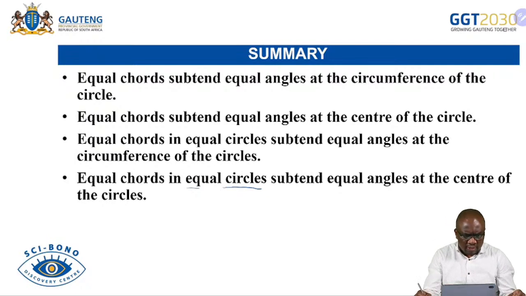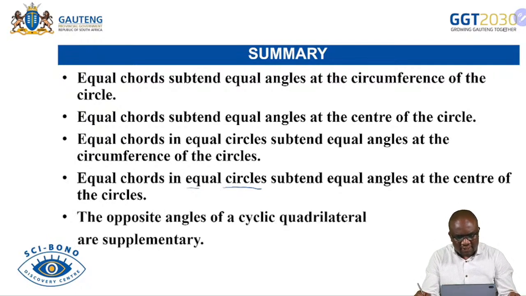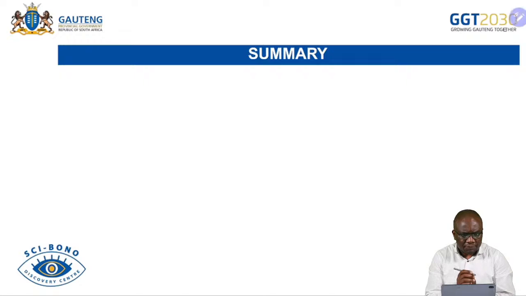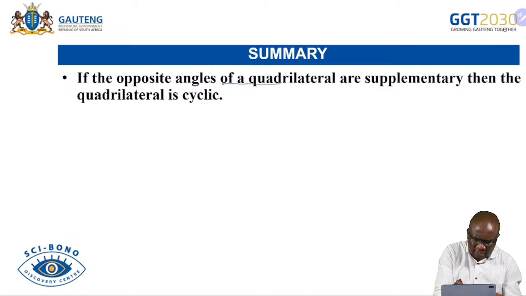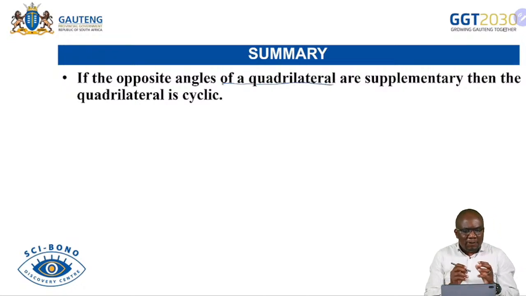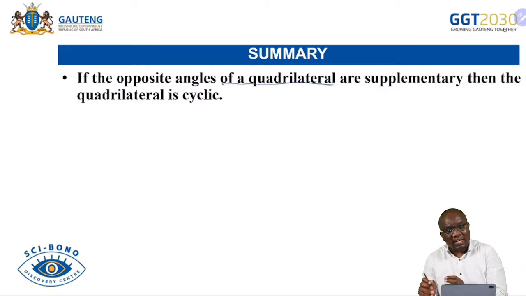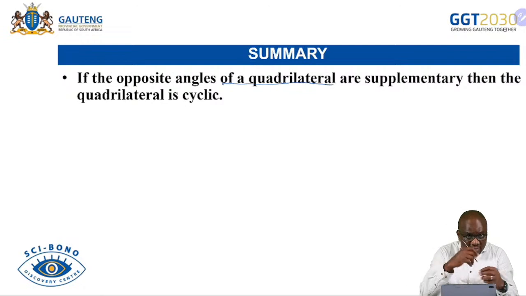Remember that. And then the opposite angles of a cyclic quad are supplementary. Remember that? And then, if the opposite angles of a quadrilateral, not a cyclic quad, are supplementary, then the quadrilateral is cyclic.